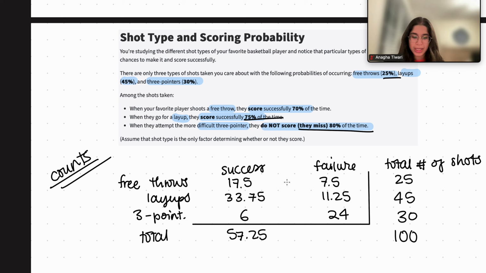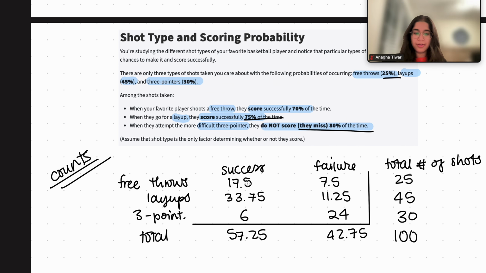And then our failures will be 7.5 plus 11.25 plus 24. So that's going to be 42.75. And if you add up the marginal totals, they should add up to 100, which they do. So we know this table makes sense, right?